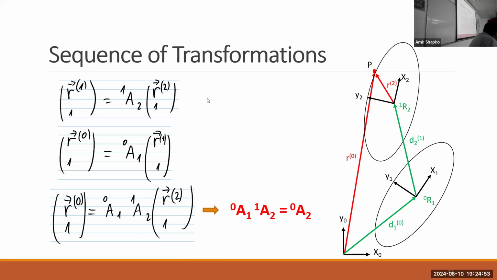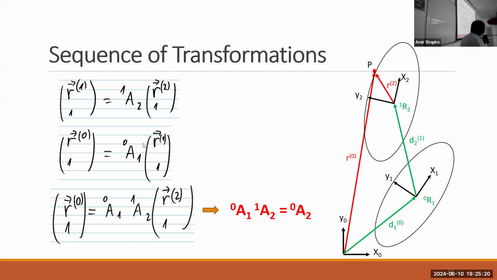And we can use this sequentially, one transformation after the other, as you can see here. This is the first vector. If I multiply it by the transformation matrix, I get the vector in reference frame 1, from 2 to 1, and again from 1 to 0.